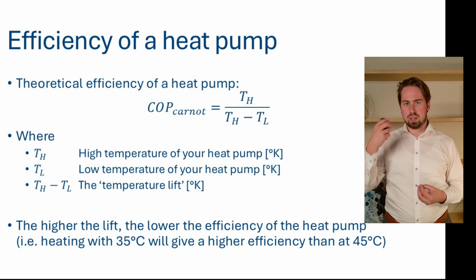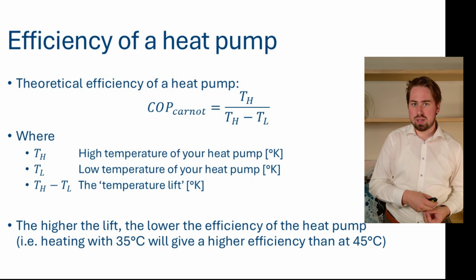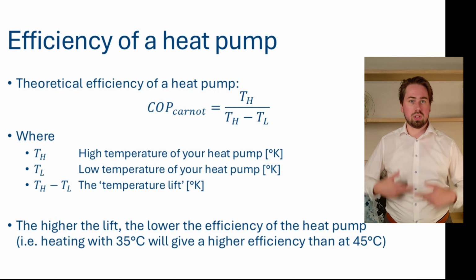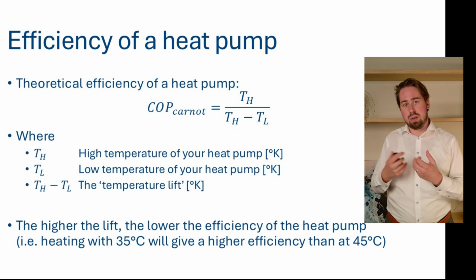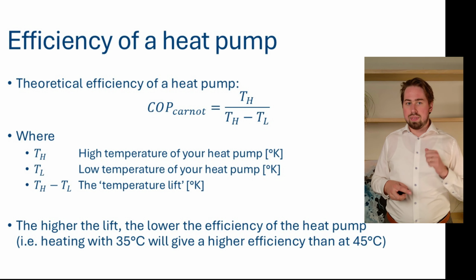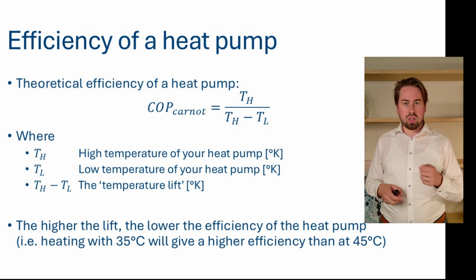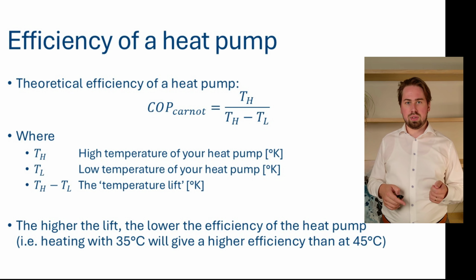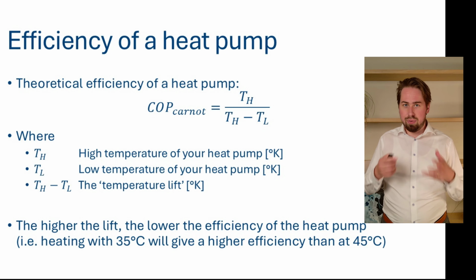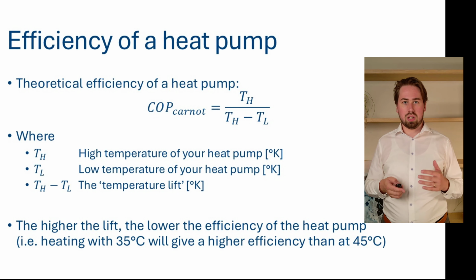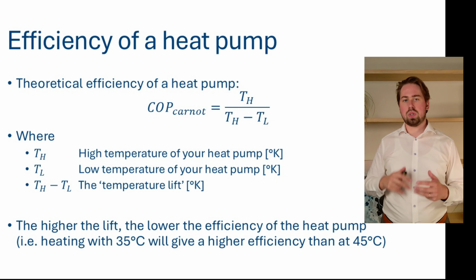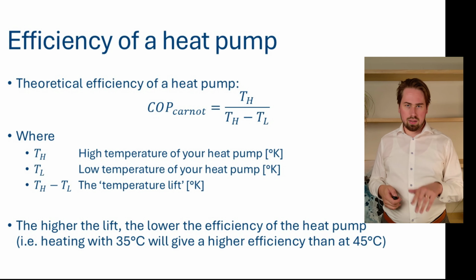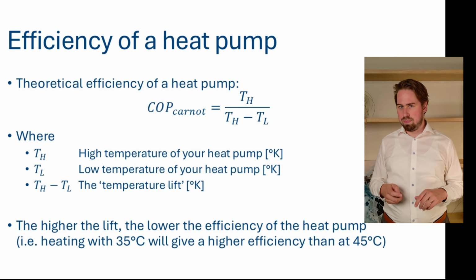Because the larger this lift, the lower your efficiency will be, because the compressor in your heat pump needs to work harder, so it will consume more electricity and your efficiency will be lower. And this is now implemented in GHEtool, so that you can play around with this temperature lift. So you can also see the effect in overall efficiency when you're not heating your building at 45 degrees, but at 35 degrees. So that's already really powerful, and we will discuss that later in this video.